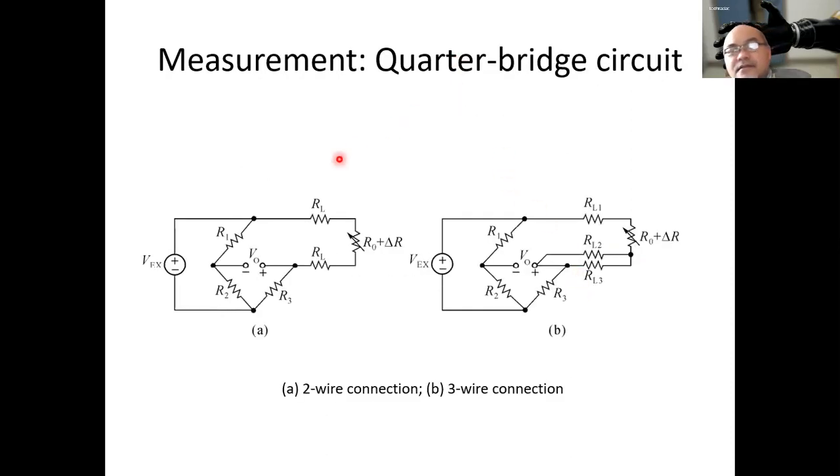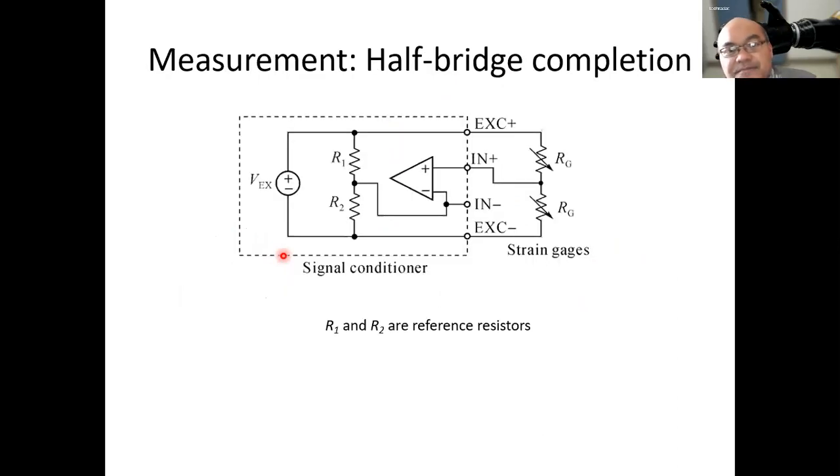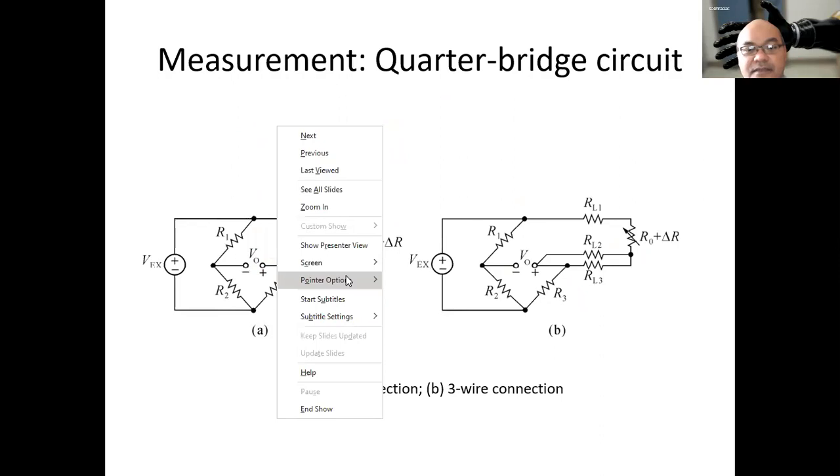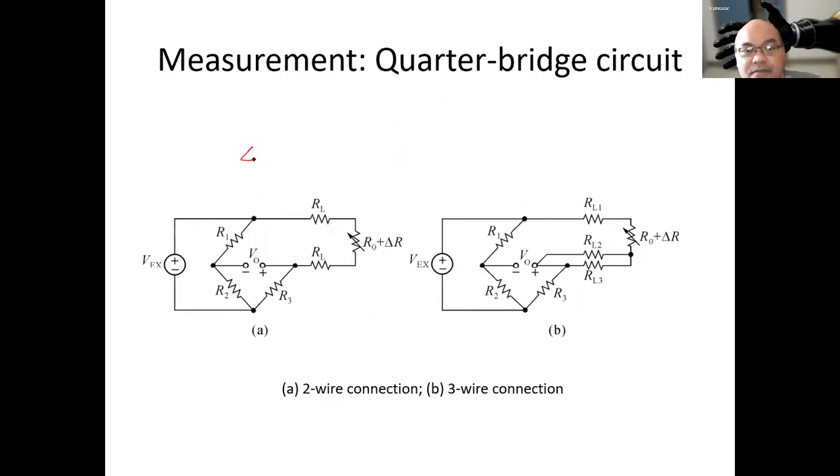This is called a quarter bridge circuit because the sensor only occupies one arm of the four arms of the bridge. Basically, it is a secondary transducer that converts resistance change into voltage change. So delta R is converted to delta V output.